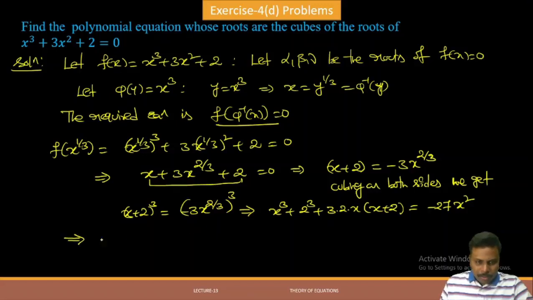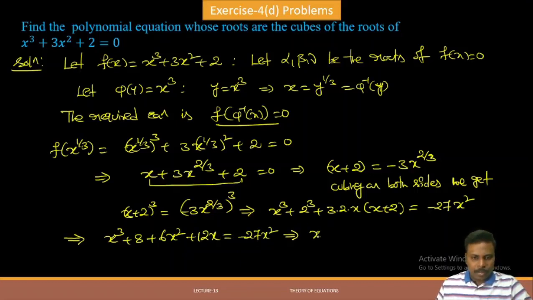So this implies, let me group the terms: x cube plus 8 plus 6x into x, that is 6x square, 6x into 2, that is 12x, that is equal to minus 27 into x square.